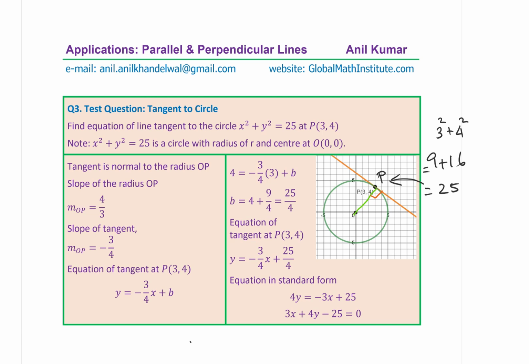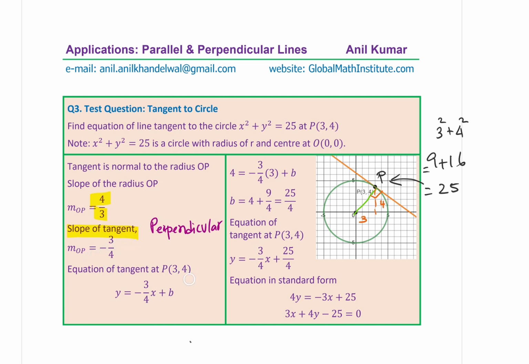Slope of the radius OP is, so you can find the slope here. The coordinates are (3, 4), and therefore the slope is rise over run. So 4 over 3. So we get the slope as 4 over 3 for the radius. Slope of the tangent, which is perpendicular, will be the negative reciprocal, correct? This is perpendicular. Minus 3 over 4.